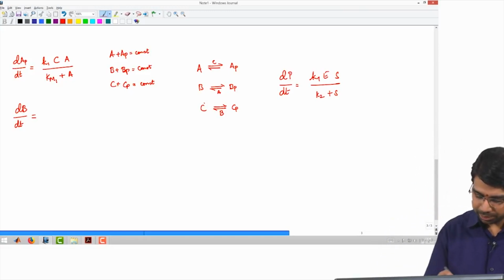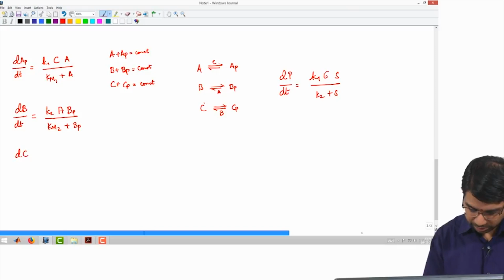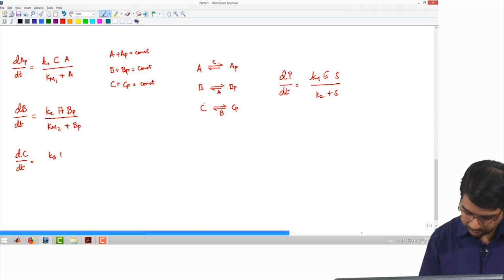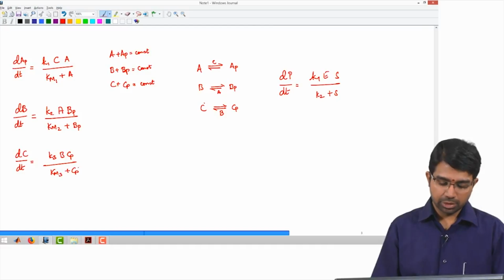It is going to be K2 A BP by Km2 plus BP. Then dC by dt will be K3 B CP by Km3 plus Cp. This is what we think they are.